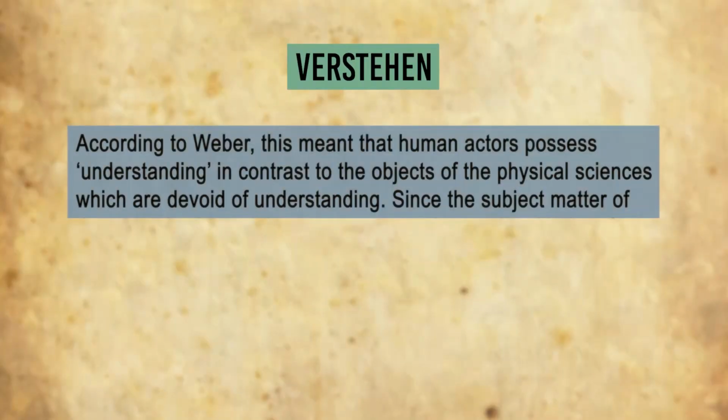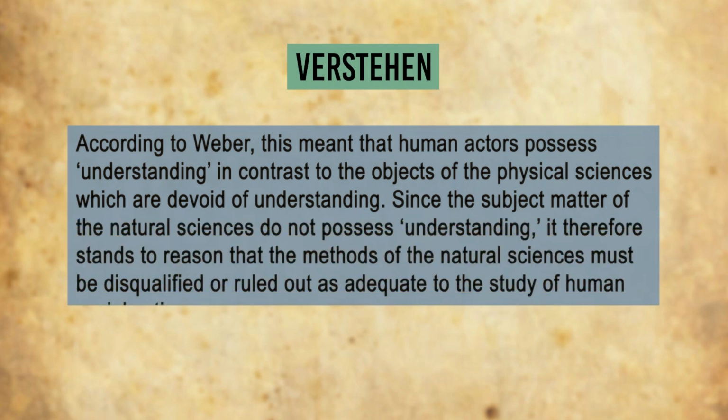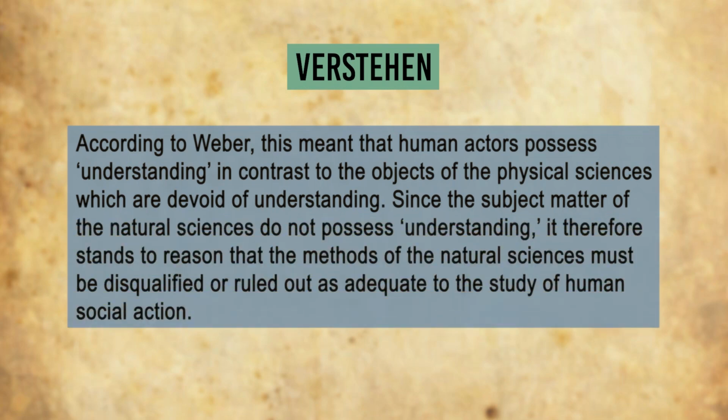Now, according to Weber, this meant that human actors possess understanding, in contrast to the objects of the physical sciences, which are devoid of any understanding. Since the subject matter of the natural sciences does not possess understanding, it stands to reason that the methods of the natural sciences must be disqualified. As we had already said, the 2 domains are different.